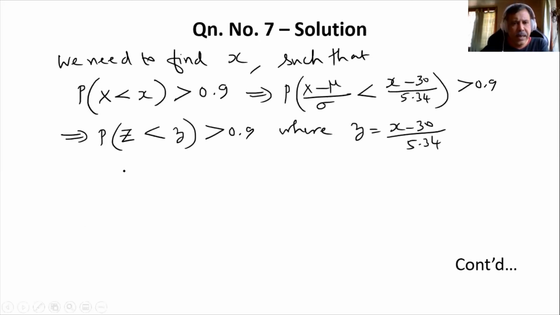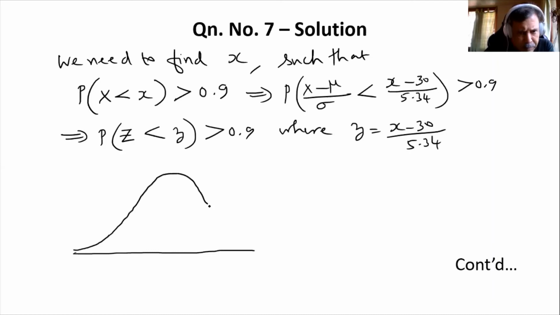Now, how do I represent this in a graph? You have to draw a standard normal curve, means bell-shaped curve. This is negative infinity. This is positive infinity. Center line, sorry.